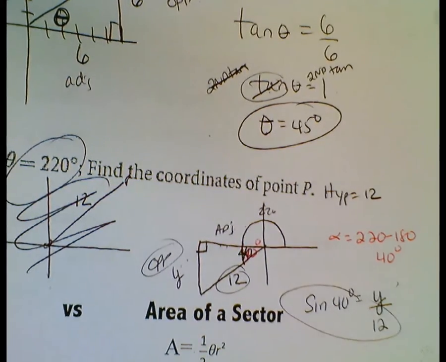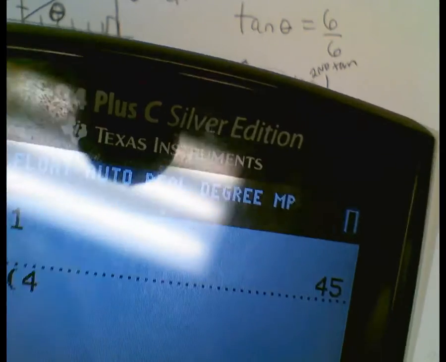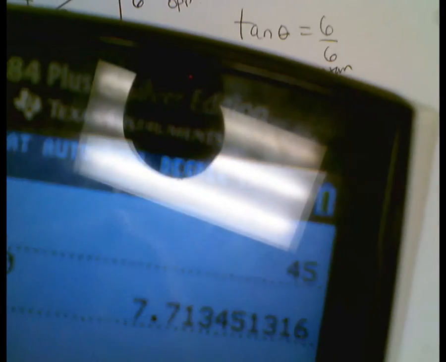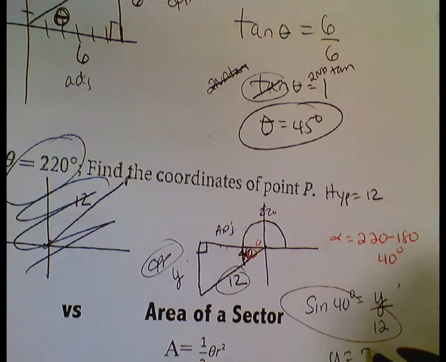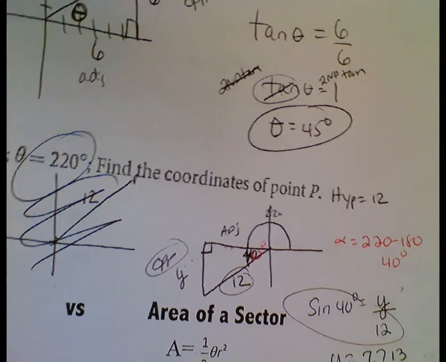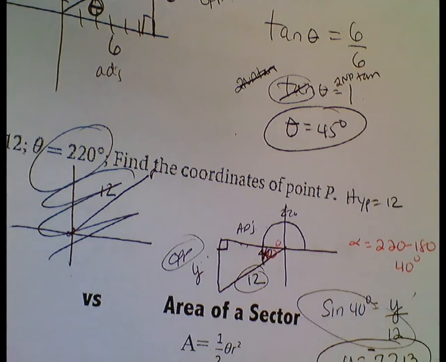So you cross multiply, you get 12 sine 40, and it is 7.713. But is it positive or is it negative? Since you're going down, it is negative, and that's your answer.